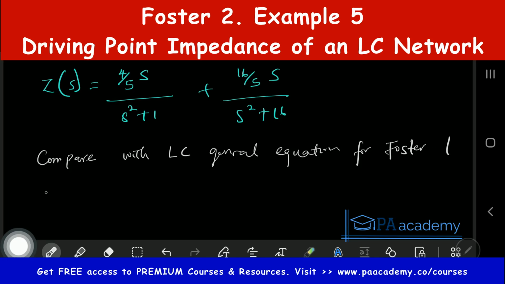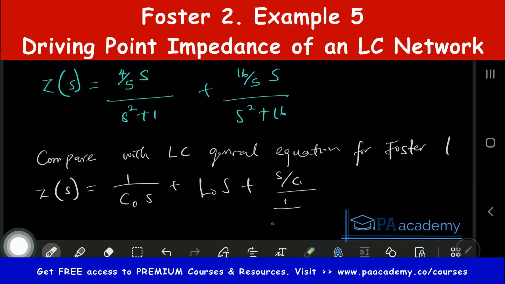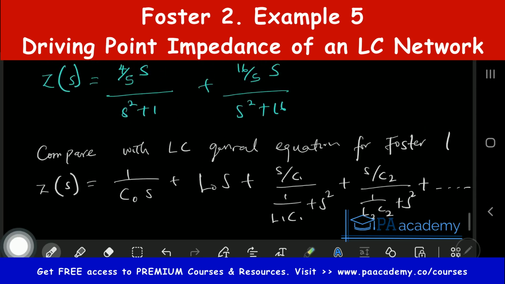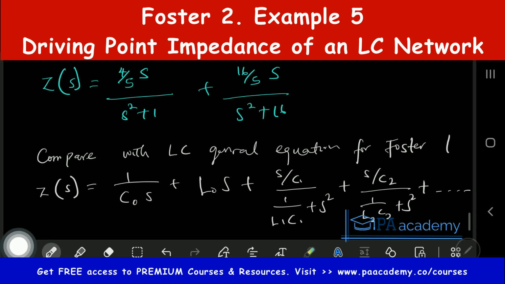And that general equation is given as z of s is equals to 1 over c0s plus l0s plus s over c1 over 1 over l1c1 plus s squared plus s over c2 over 1 over l2c2 plus s squared. Then it's continuing in that order. So what we are going to do now is to compare it.